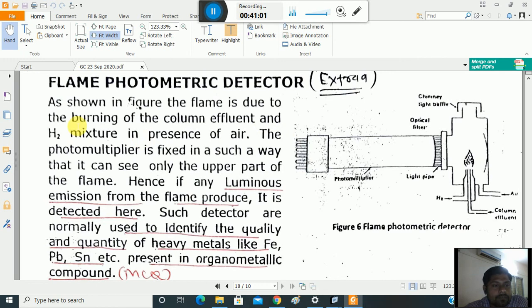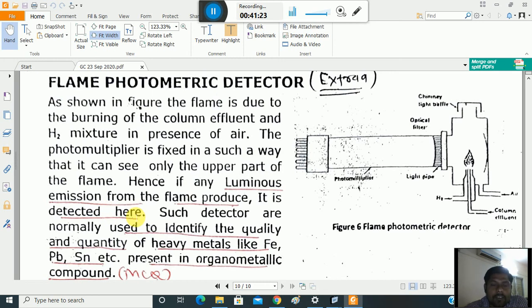Look here. For the burning of the column effluent and hydrogen mixture in presence of air, the photomultiplier is fixed in such a way that it can see only the upper part of the flame. Hence, only the luminous emission from the flame produced is detected here.